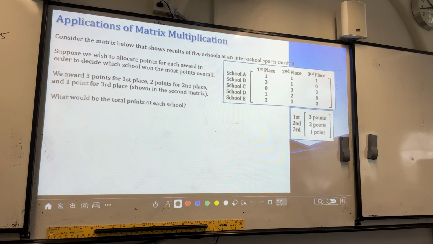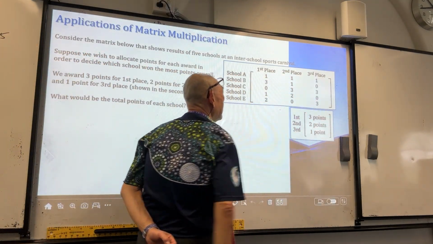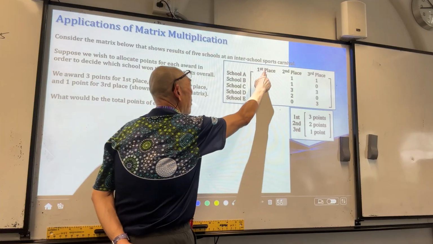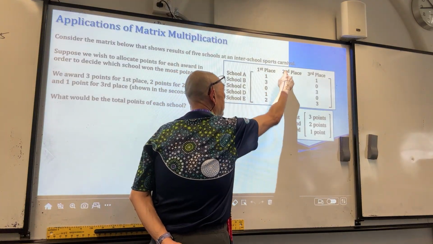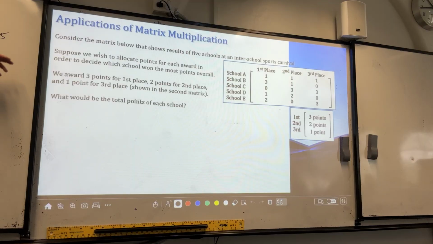School A has 1 first place, 1 second place, and 1 third place. School E has 2 first places, no second place, and 3 third places. What we want to do is allocate points for each award in order to decide which school won the most points overall.